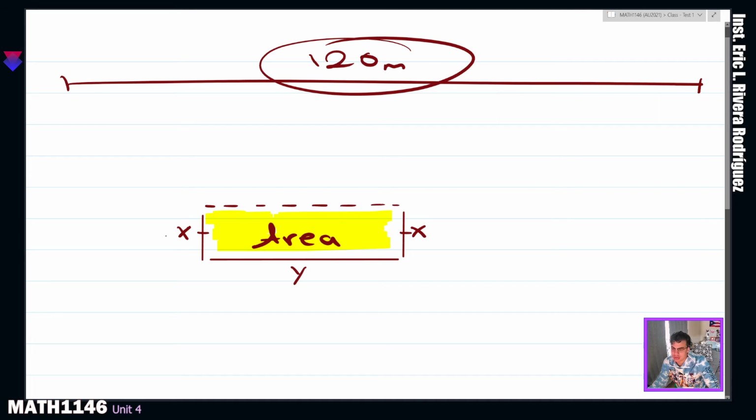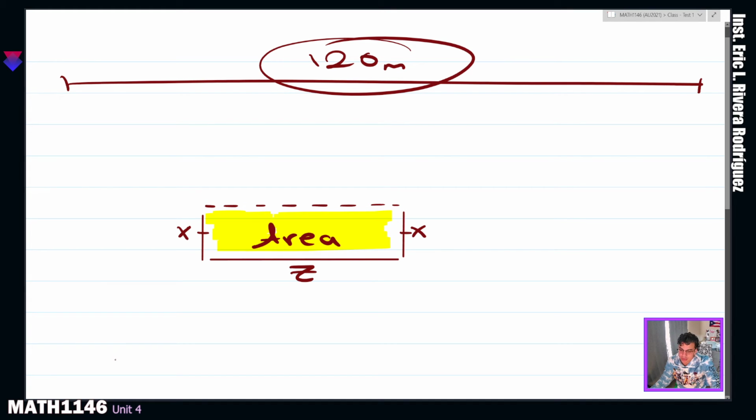Because I'm using X and Y now just to represent, I'm going to use Z instead of Y. Z I think is better. I'm using X and Z as variables to represent how long these sides are, knowing that the 2 sides on the left and right have the same length because it's a rectangle, right?